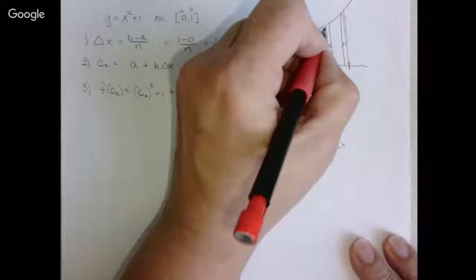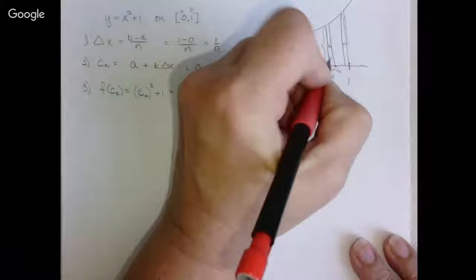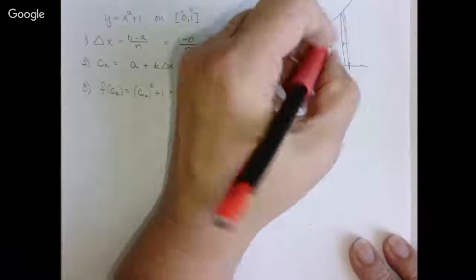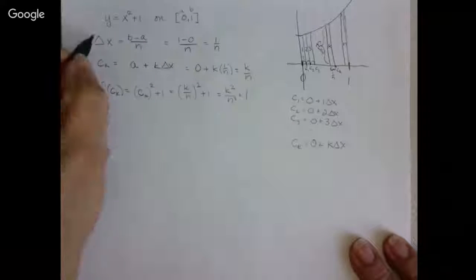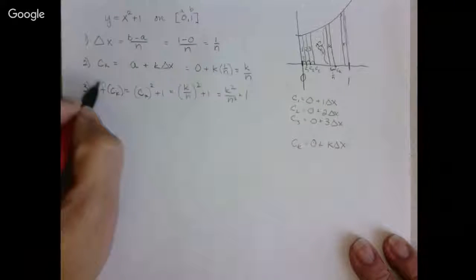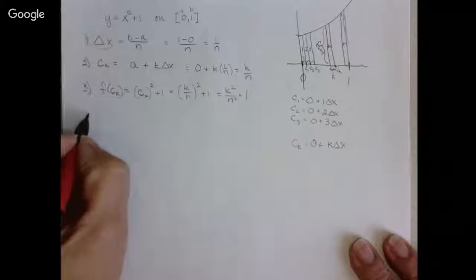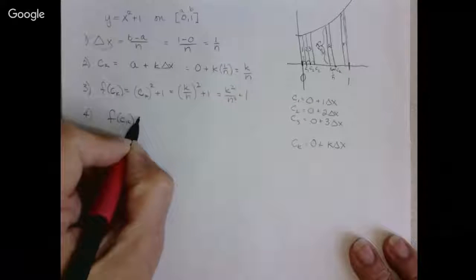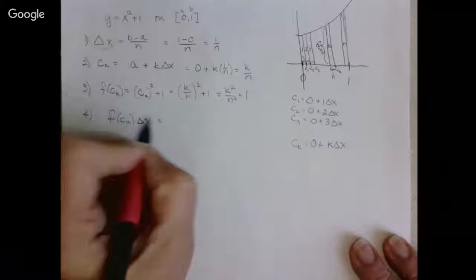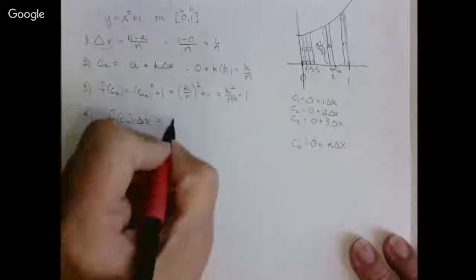Now the area of this box: the width is 1 over n, the height is f of C sub k. So I need to multiply f of C sub k times delta x to get the area. I know what f of C sub k is.